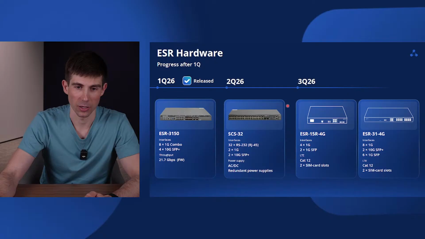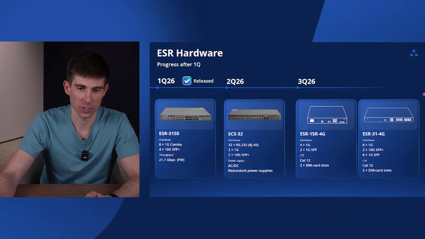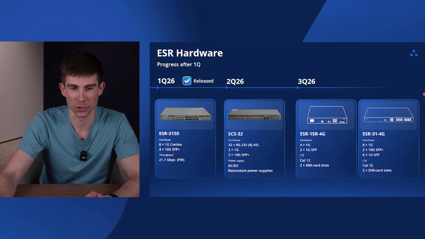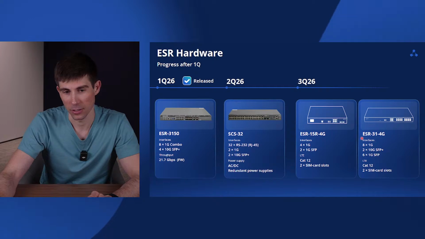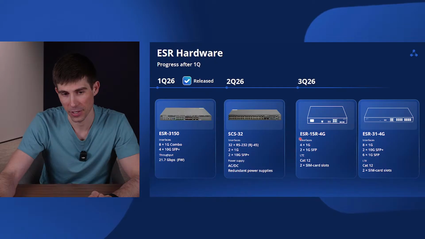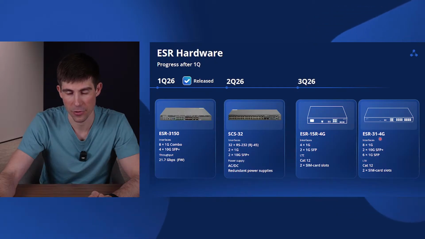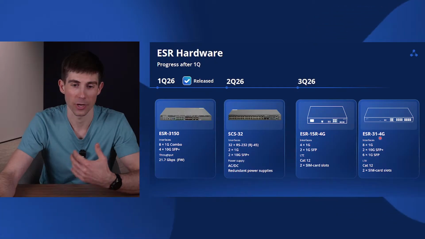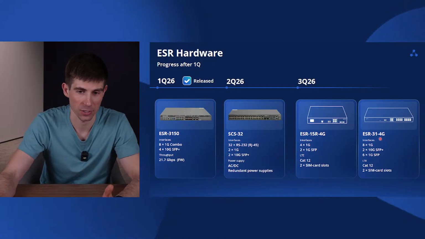And last but not least, in the third quarter of 2026, we are expecting two 4G LTE models. You may notice that they have ESR 15R and ESR 31 in the name accordingly, and this is because they are based off those models.